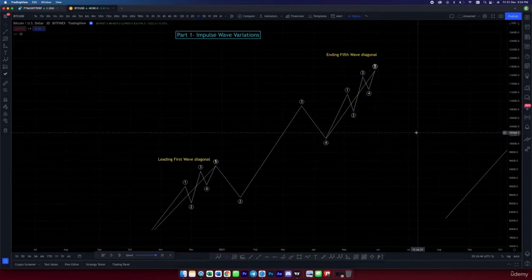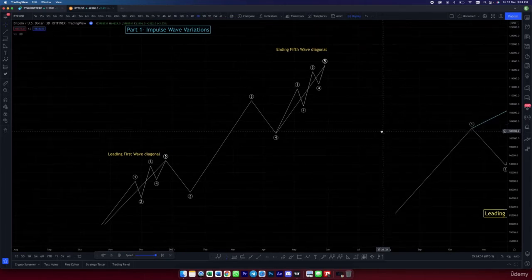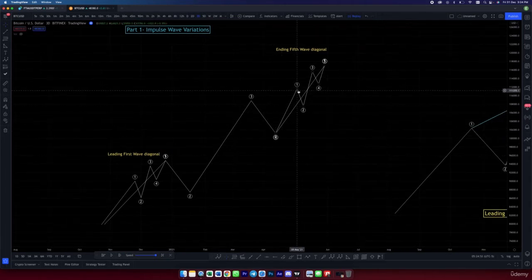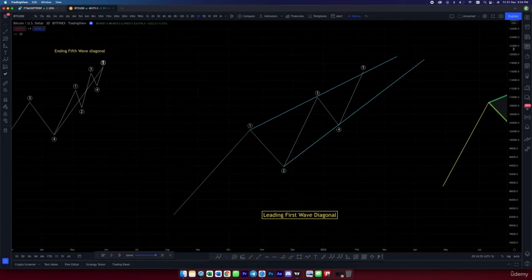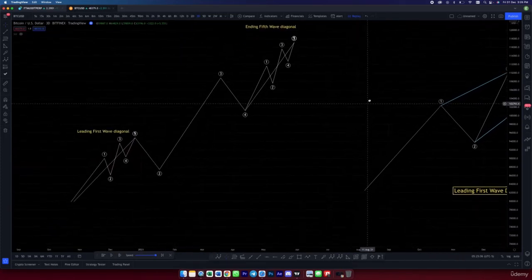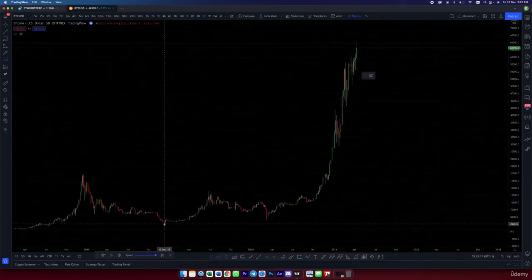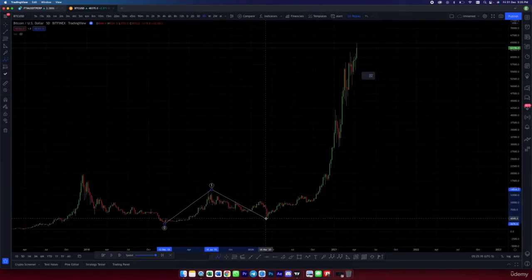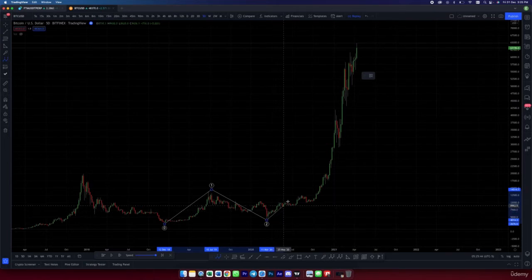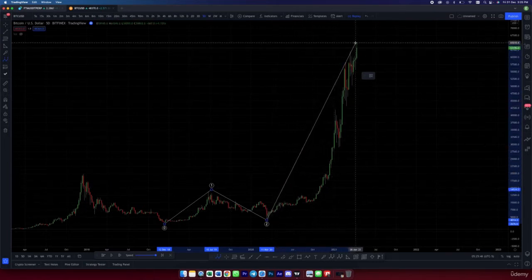These patterns are my favorite to trade. I never miss these patterns. Whenever I see a leading first wave or ending fifth wave diagonal, I always short the market. So let's see this on the chart. The market went up, went down, never retraced 100%, so we can clearly call it 2. Then the market went up, and now we are at this stage.